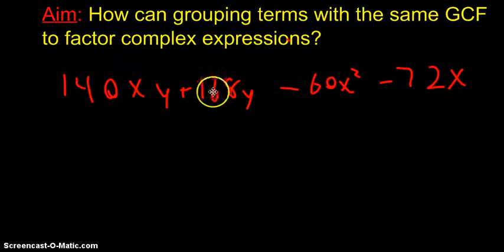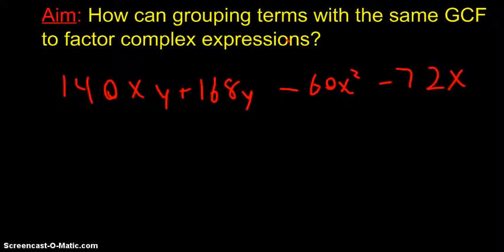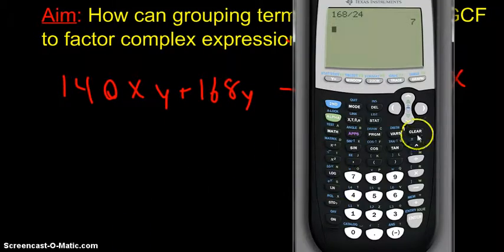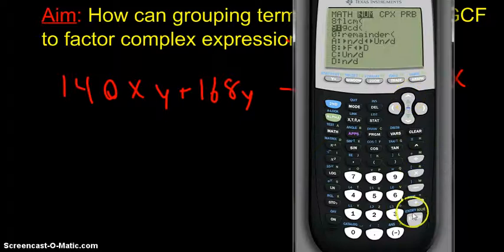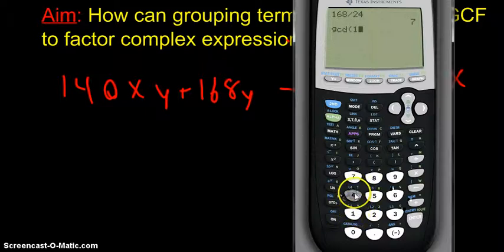Alright, so 140 and 168 have a GCF of what? I don't know. Let me use my calculator, because sometimes it takes a while to do something like that. Under number, go down to GCD, greatest common divisor, which is another word for factor. I can punch in 140, comma 168, and it says the greatest common factor is 28.